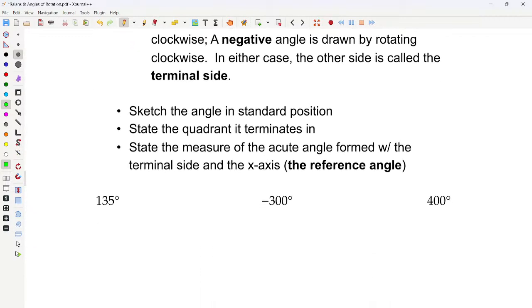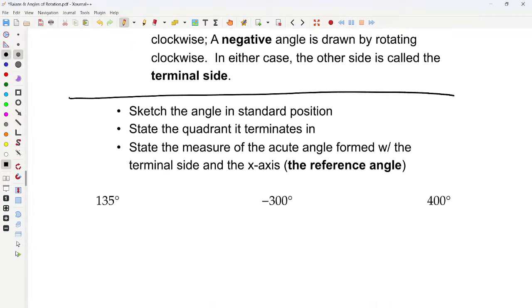All right, so now we'll practice sketching some angles in standard position. We're going to do these one at a time. One of the vocab words did pop up there called reference angle. So we're going to sketch the angle. We're going to sketch the quadrant. If you forgot how to name your quadrants, you can't after this lesson.